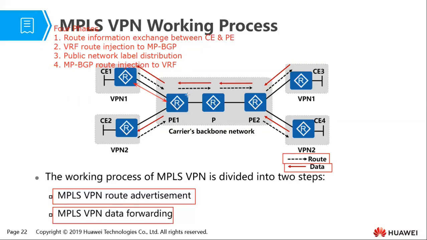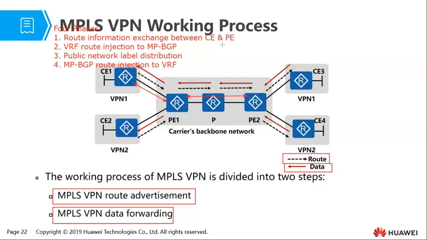Now, within the carrier network, they use what we call multi-protocol BGP to share routes, to distribute VPN routes. So they use MP-BGP to share VPN routes within the carrier network.